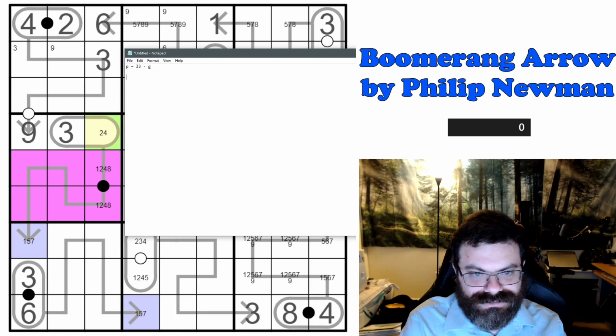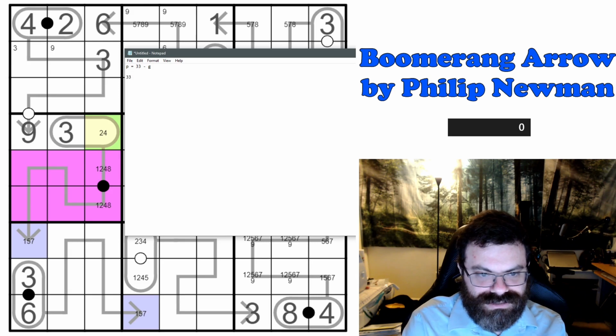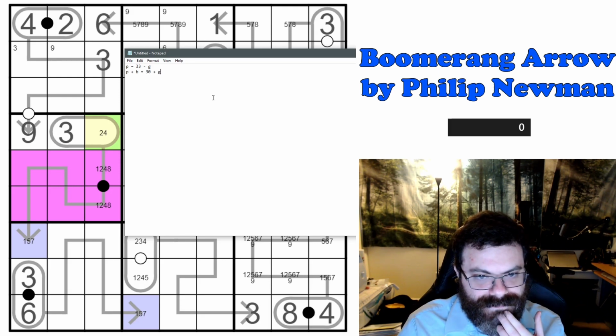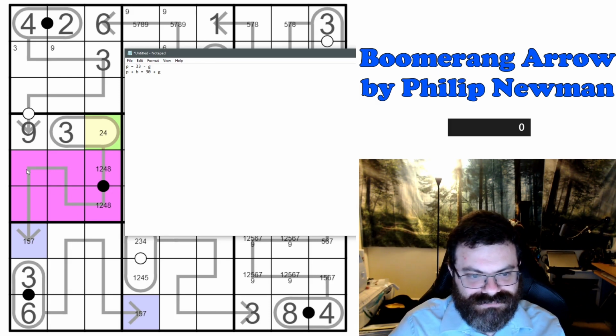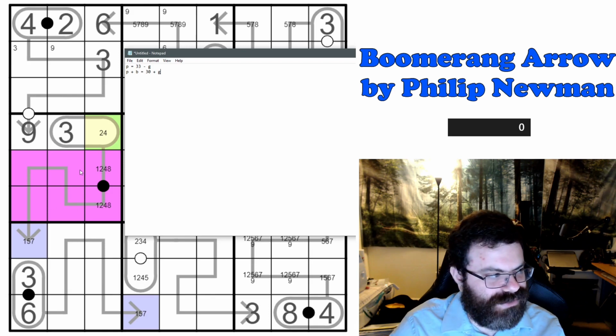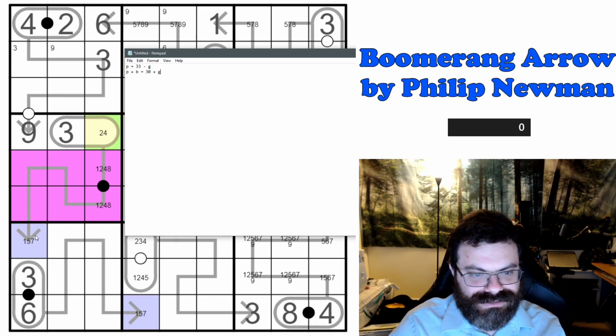And then we've got purple plus blue is equal to 30 plus green. And the way we think about that is if we take the purple cells, which are part of this arrow, and we add the blue cell, that's the arrow total, which is 30 something. So it's going to be 30 plus whatever our green single digit is.